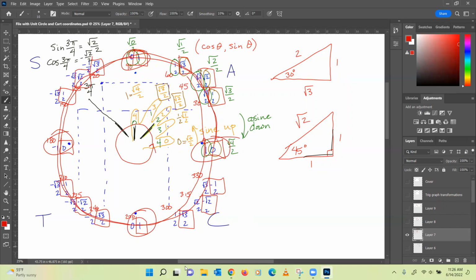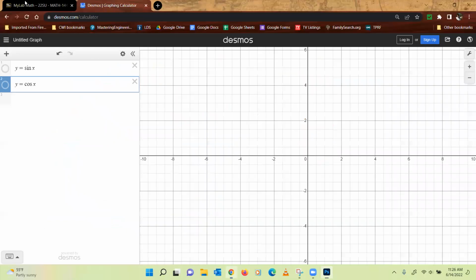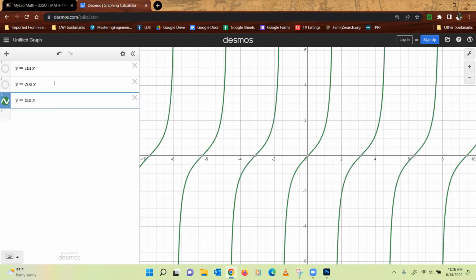So let's go back to Desmos. We've got some undefined in there. That's going to give us a vertical asymptote. And sure enough, it does. Tangent's kind of weird this way, but notice that at pi over 2, it's undefined. At 3 pi over 2, it's undefined.